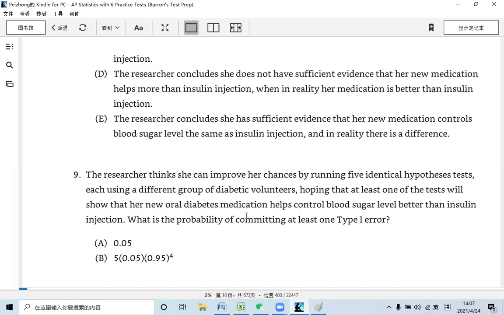What is the probability to commit at least one type 1 error? 5 tests. At least one type 1 error. Oh, good. This is a probability question.